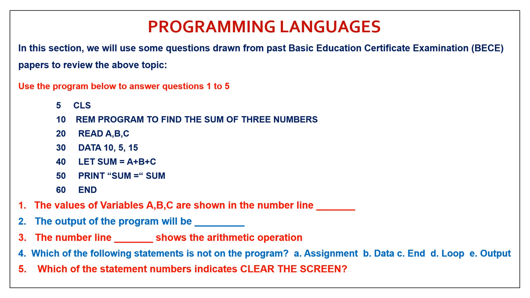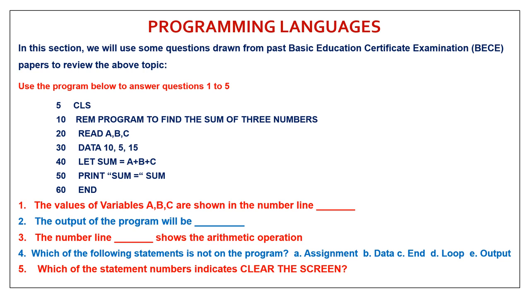Number 2, the output of the program will be dash. Take a look at line 50 where you have print. Notice that the sum equal to is represented in quotes. That means when it will be printed as output, it will print sum equal to literally and then give you the other sum as the output.